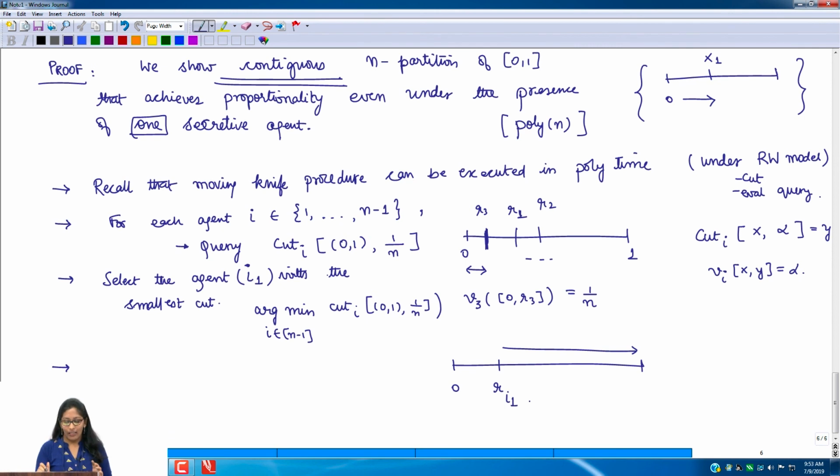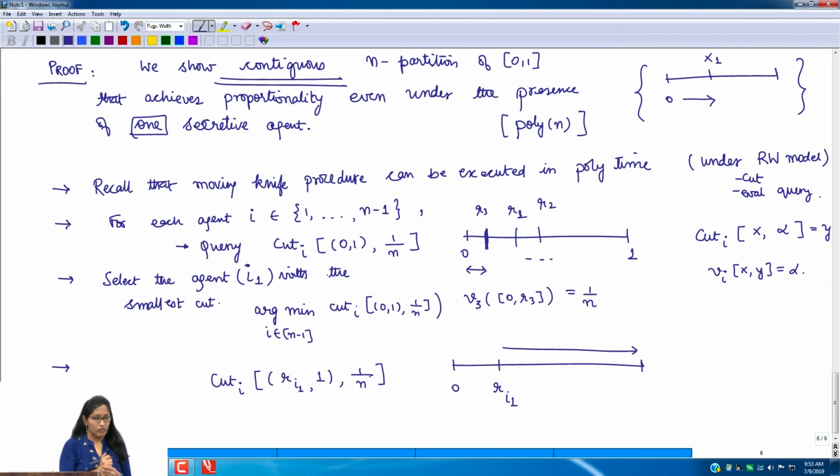So I'll again query the exact same cut query, which is starting from now R I1 till 1, give me the mark where you'll reach 1/n of your valuation, right? It's exactly like a moving knife procedure.